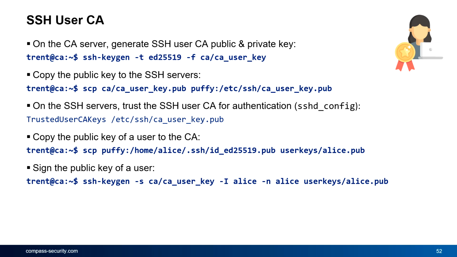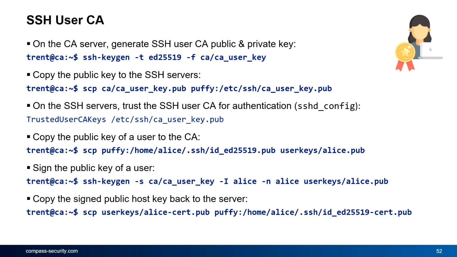And then you specify the public key, and this will then produce the certificate. You can then copy this certificate back to the system where the private key is stored, or just give it back to the user, and then the users can use this certificate along with the private key to perform a login.